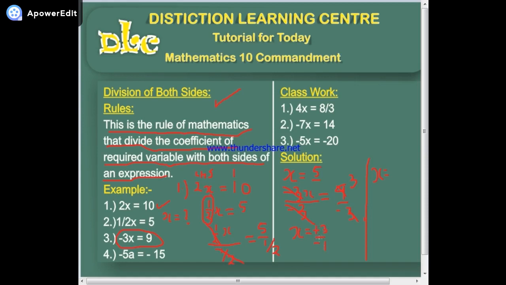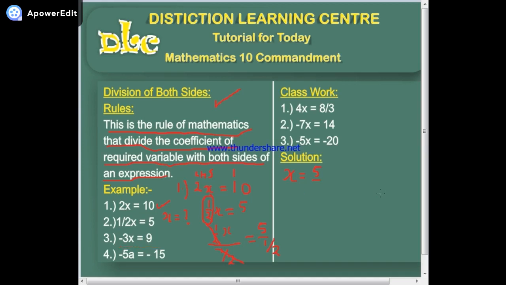Plus divided by minus is minus, and 3 divided by 1 is 3. So our x will equal minus 3. So we have given justice to the third question.